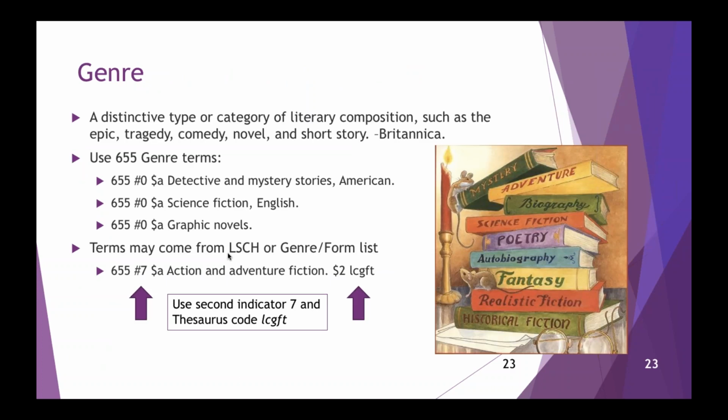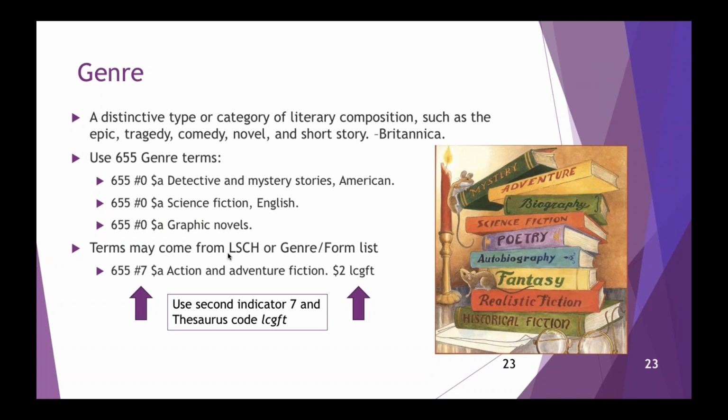So genre terms go into the 655 field. These are terms that identify the type of category, whether it's adventure, biography, poetry, graphic novels, science fiction, romance, etc. And they can come from LCSH or they can come from the genre form list. If they exist in the genre form list, use that before LCSH.